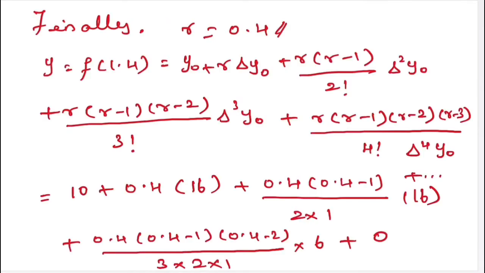So that is equal to 10 plus 16 into 0.4 is 6.4, plus, you can cancel 2 and 16 as 8. So 0.4 minus 1 will become minus 0.6.